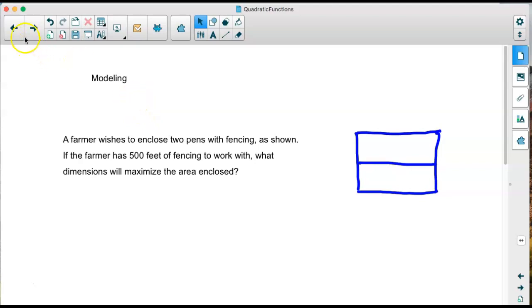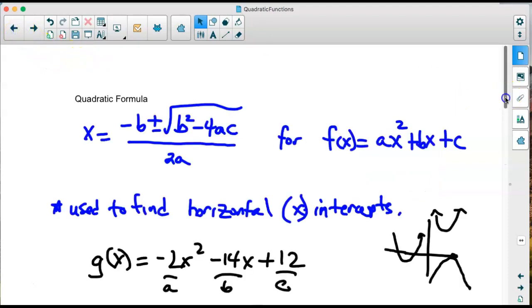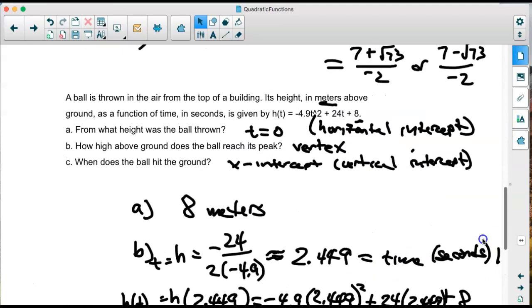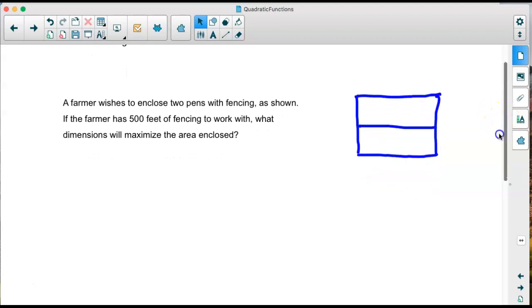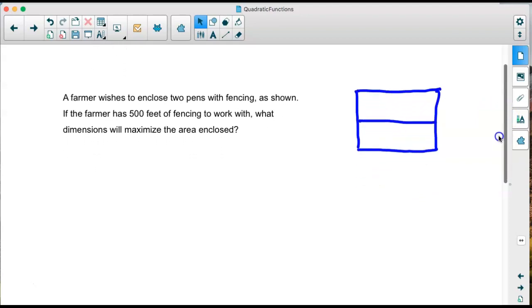We ended up in the last section doing one where we had to find the vertex, and we had a problem where we worked out the height of an object when we had some function that modeled the ball being thrown. Now we're going to look at some things that may not be as obvious for quadratics, but they're also going to be solved using the quadratic formula.